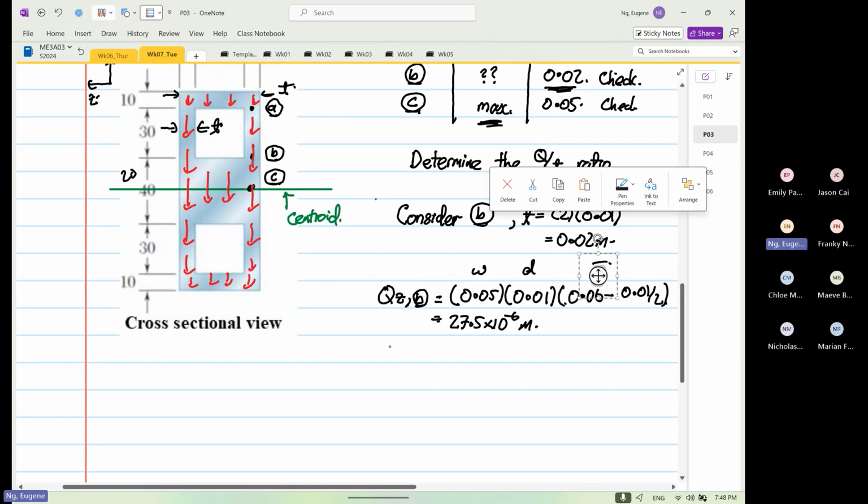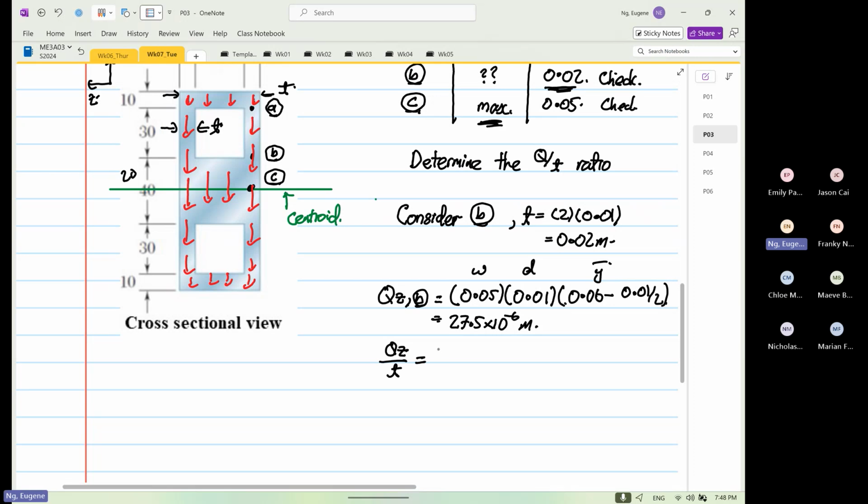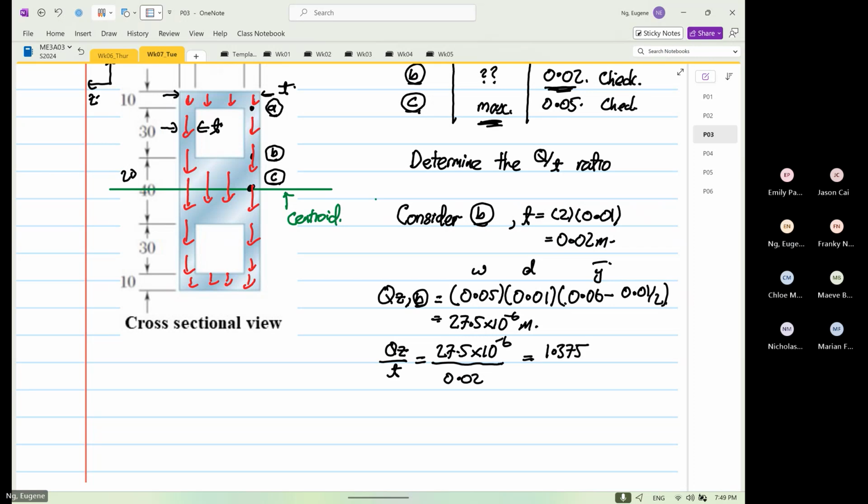Then the Qz over t ratio is equal to 27.5 times 10 to the power minus 6 divided by a thickness of 0.02. So 27.5 times 10 to the power minus 6 divided by 0.02 is equal to 1.375 times 10 to the power minus 3.